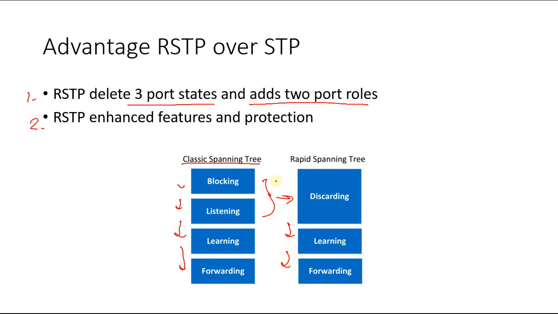In my humble opinion, before blocking there is disabled. So disabled, blocking and listening in the rapid spanning tree are all discarding. After that, learning and forwarding. And for the STP, the port roles are root port, designated port, and also the blocking.